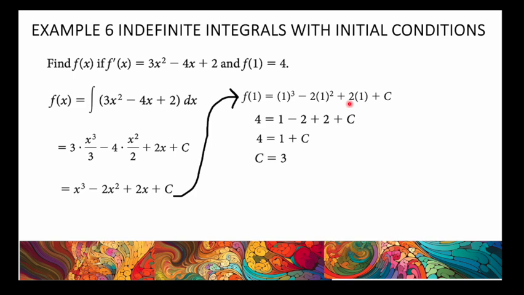And we're going to get that c is equal to 3. So now we know what our constant is. And it's because we were given this extra information that we can use to figure it out. So our final answer, or our exact antiderivative, is x to the third minus 2x squared plus 2x plus 3.